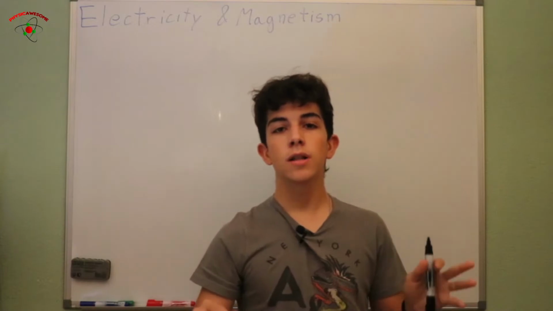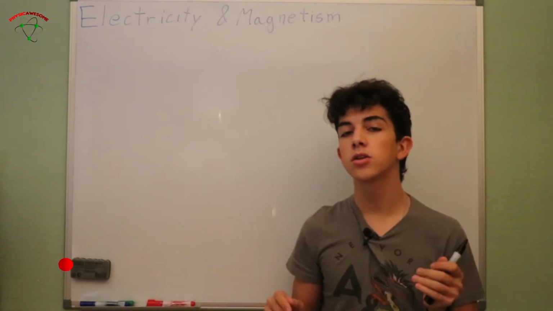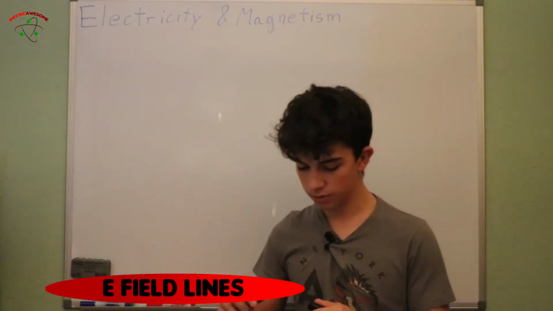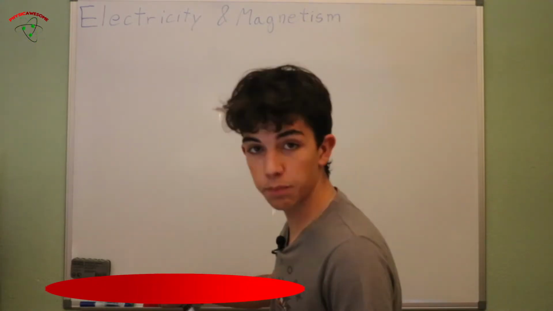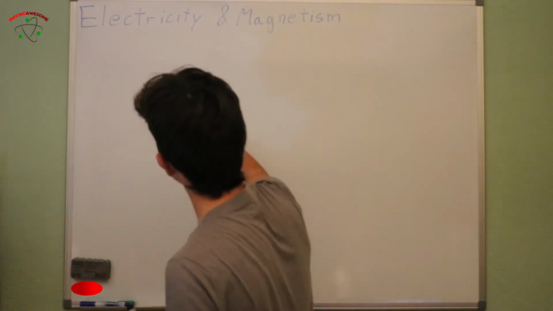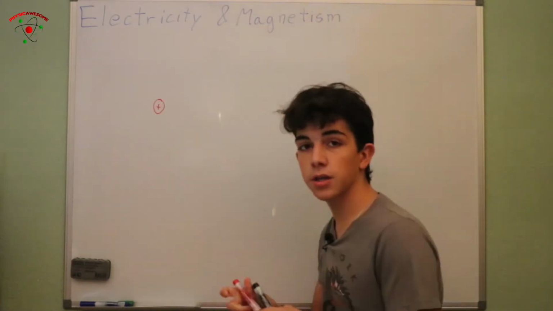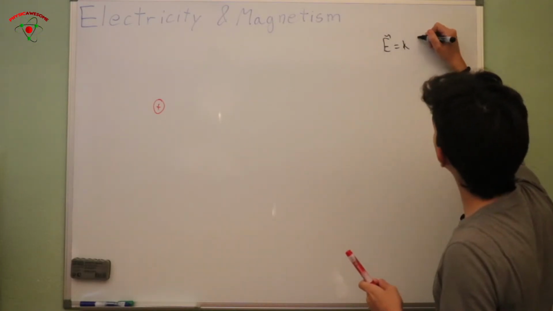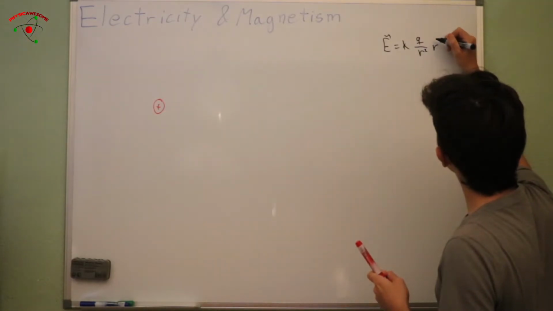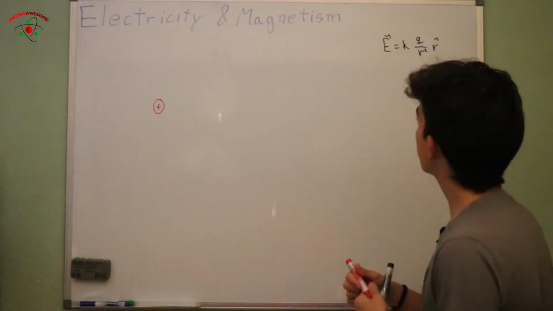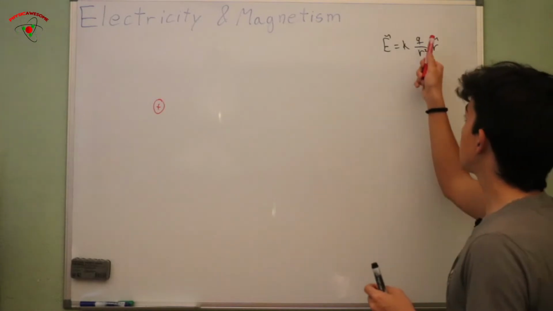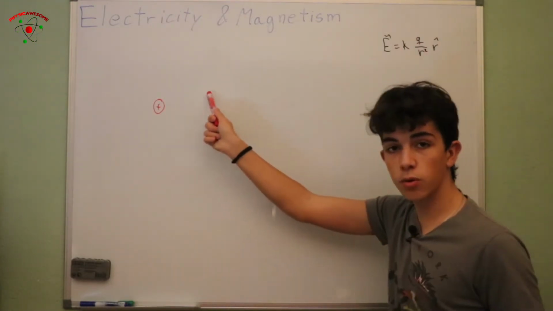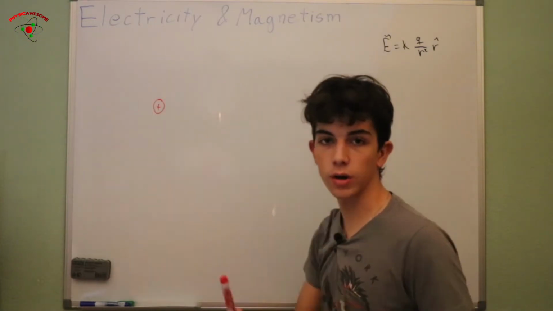Now let's try to intuitively understand how these field lines go for different configurations of charge. If we have a positive charge, as we said before, we find from the formula of the electric field, which I will rewrite over here, that as this is positive, the field is going to point from the charge to the point we are interested in knowing about.